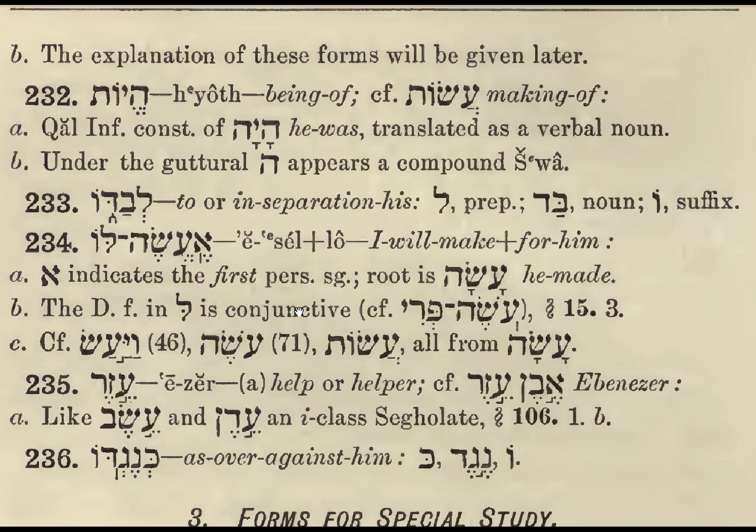Engeselo. And o here is him. Lo, for him, or to him. The dagesh forte in the lamed here is conjunctive, just as we saw here before.